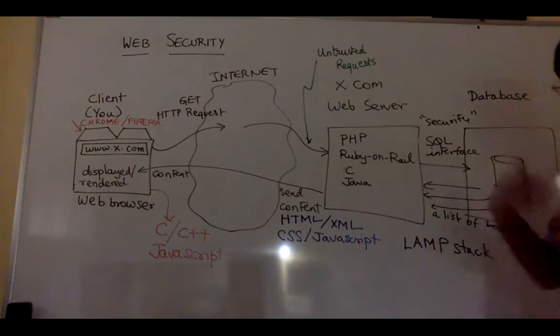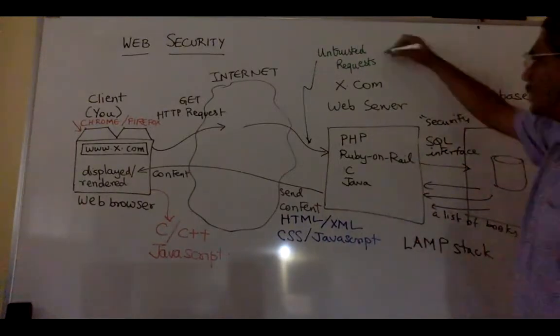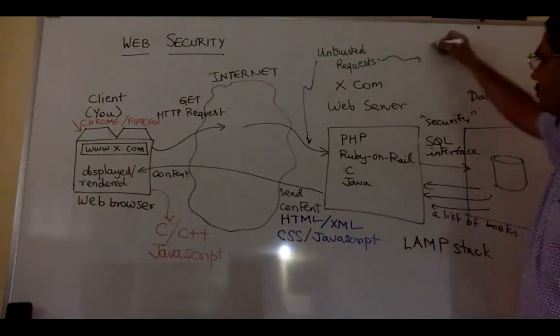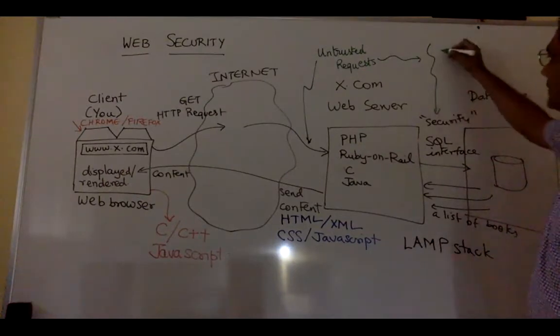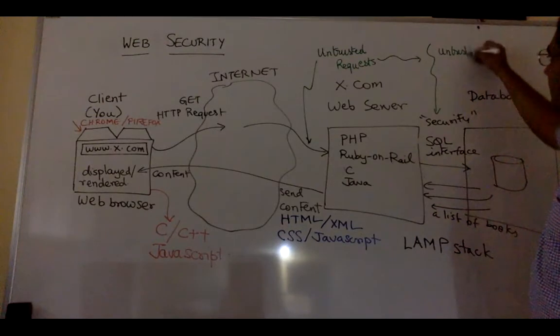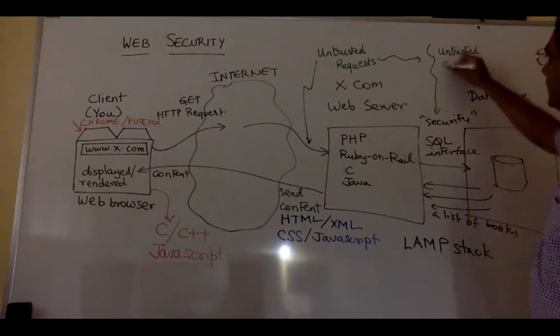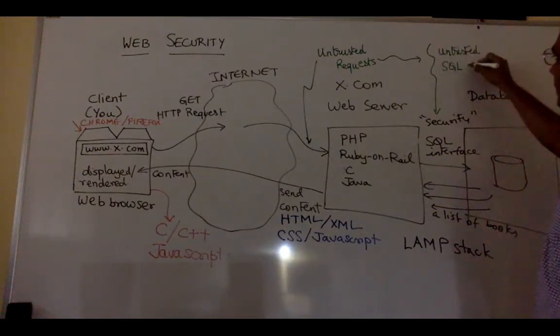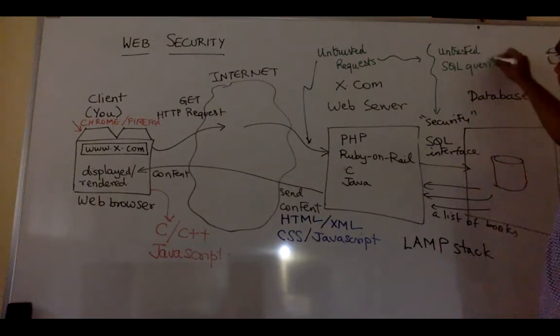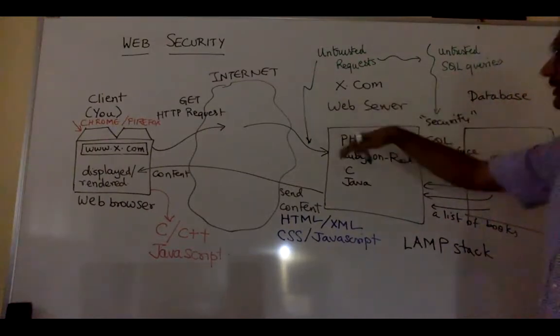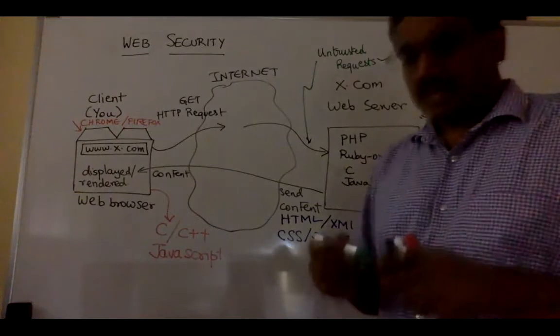Okay, so the same untrusted requests are sometimes also used to generate these SQL queries. The web server is generating SQL queries for the backend database using inputs that it gets from the client.